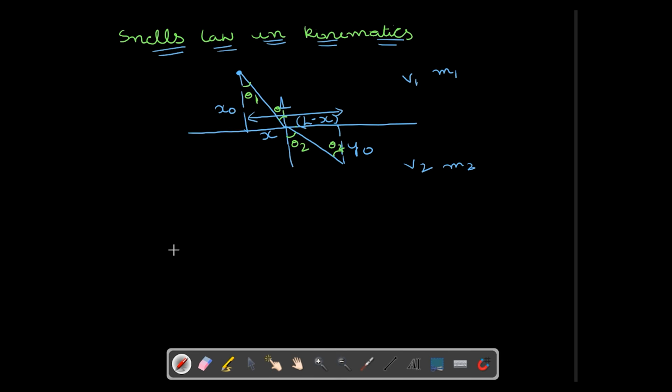Now, the light wants to travel in this way, right? Let's say the particle travels in this way. T is equal to T1 plus T2.